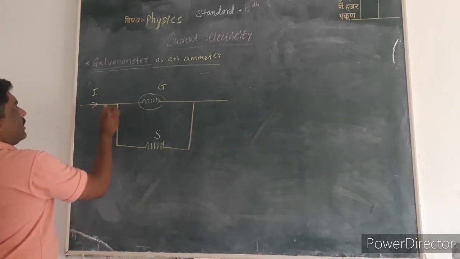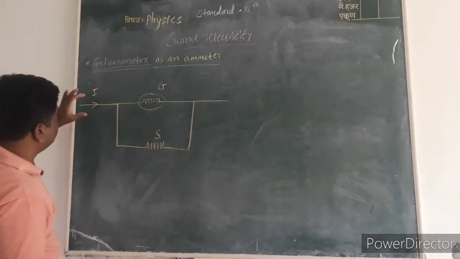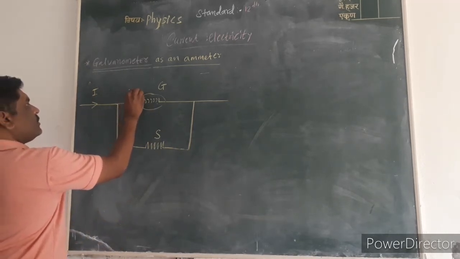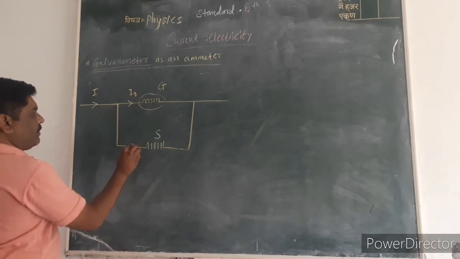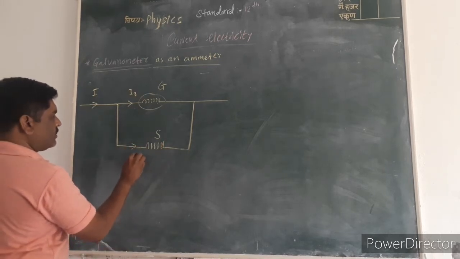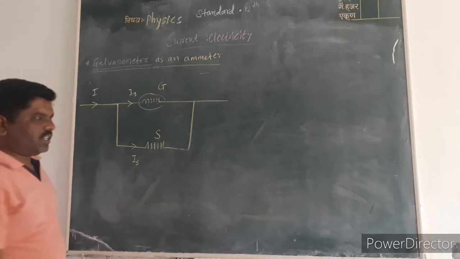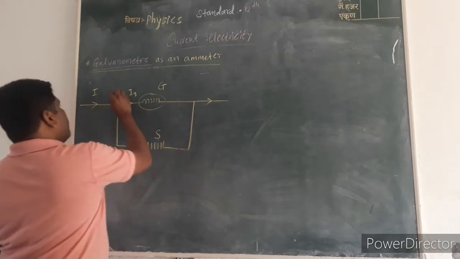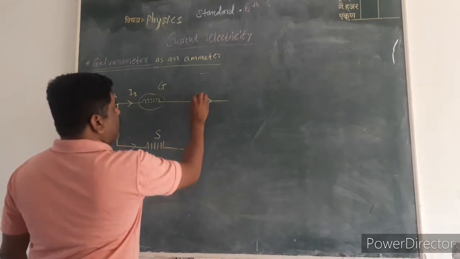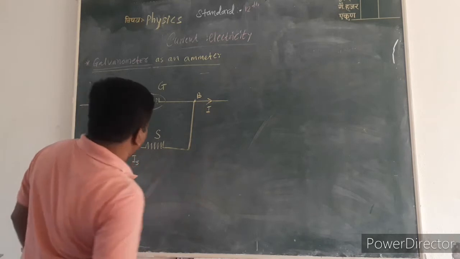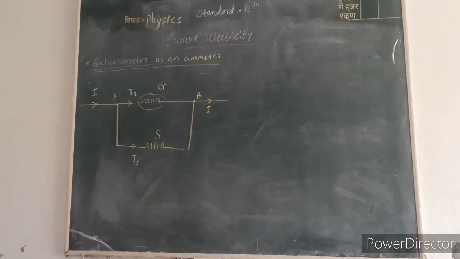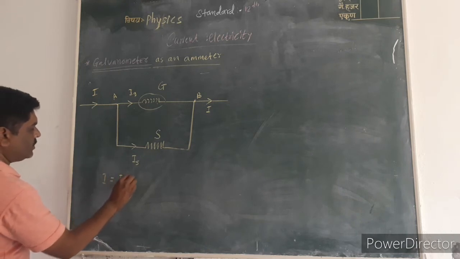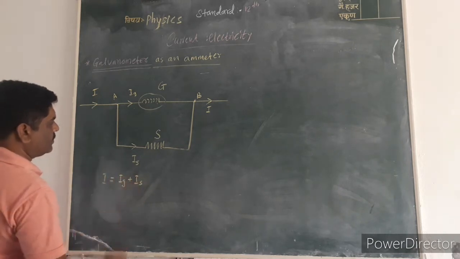The total current in the circuit is I, but current passing through galvanometer is suppose Ig, and current passing through this small resistance called shunt is suppose Is, and at point A current is I, at point B current is I. That means the total current in this circuit is I equal to Ig plus Is.